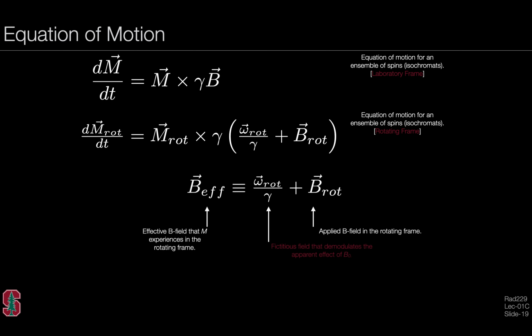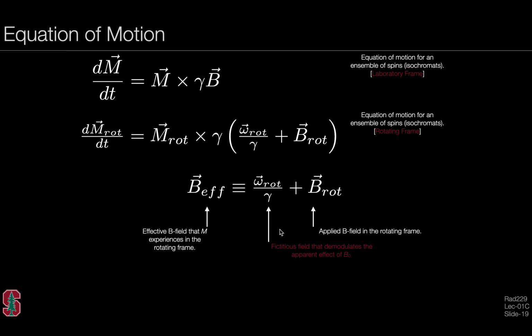And we can make a simple substitution here to describe what's called B effective. So the effective B field that the bulk magnetization experiences in the rotating frame. This is not the actual B field, this is the so-called effective B field. And it's a useful tool for describing what's happening in this rotating frame.